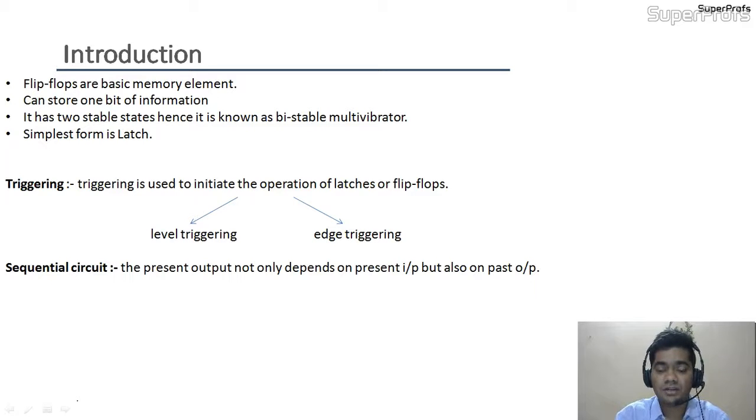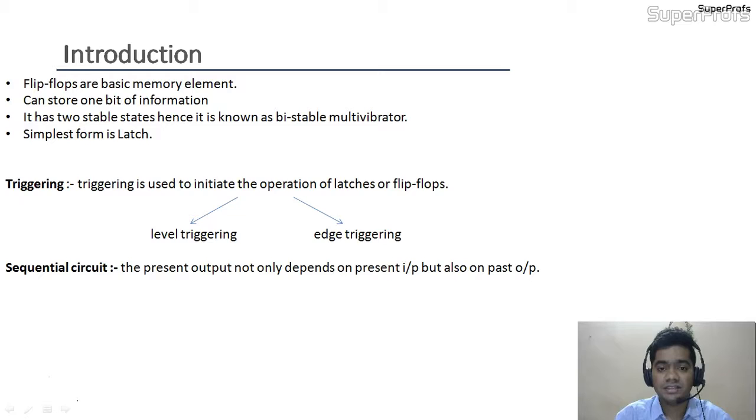That means whatever input we give at a particular point of time, the output that we get would be totally dependent on the present input only. In the circuits we have also seen there is no feedback present, so it does not depend on any other parameter.